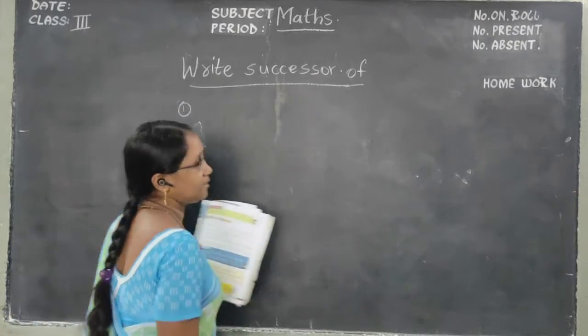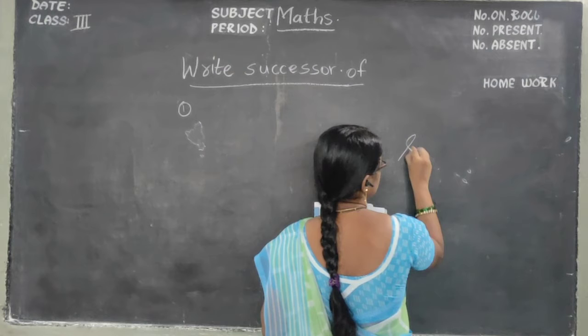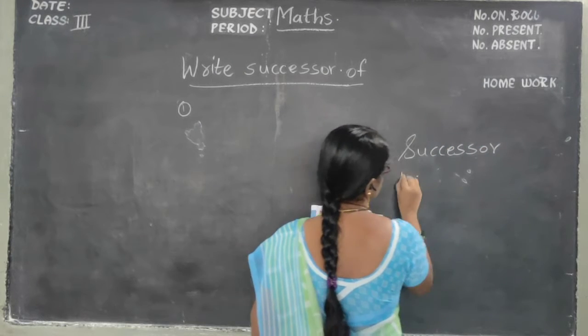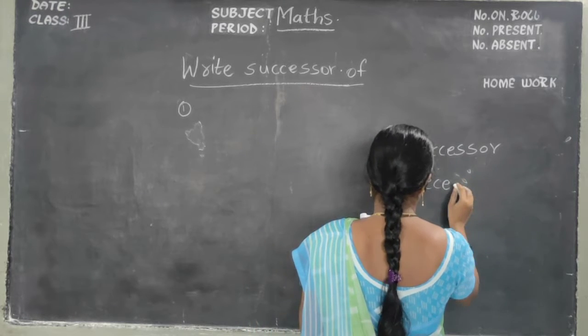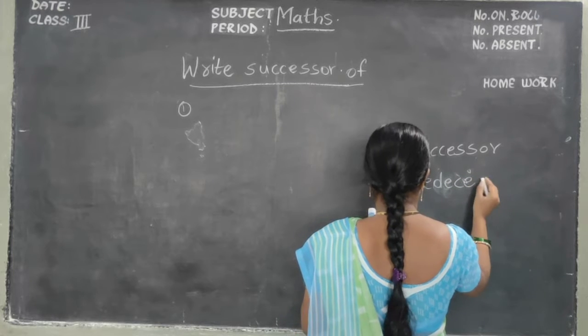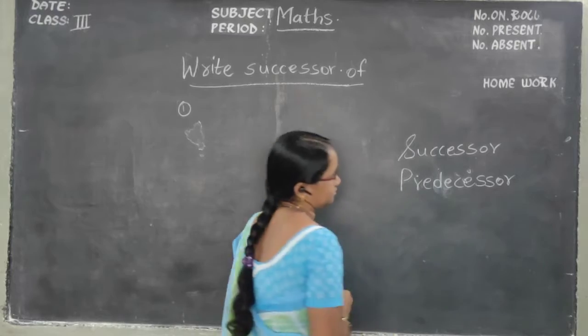Successor is nothing but addition. Here two are there. One is successor and the other one is predecessor.